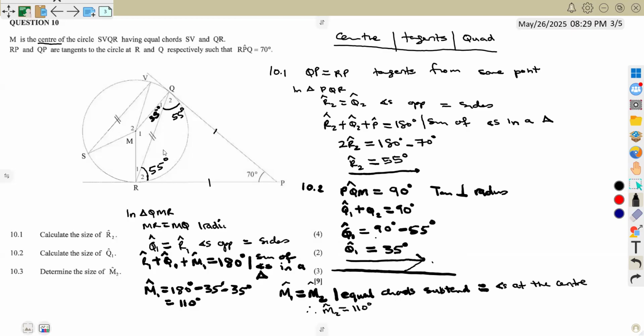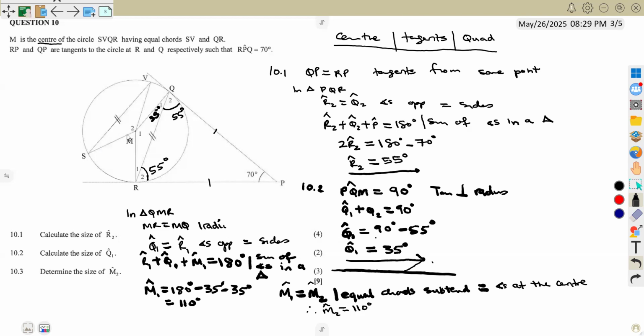Alternatively, you can do this after you calculate this triangle. You can prove that the two triangles, triangle QMR and triangle VSM, are congruent because this side and this side are given.